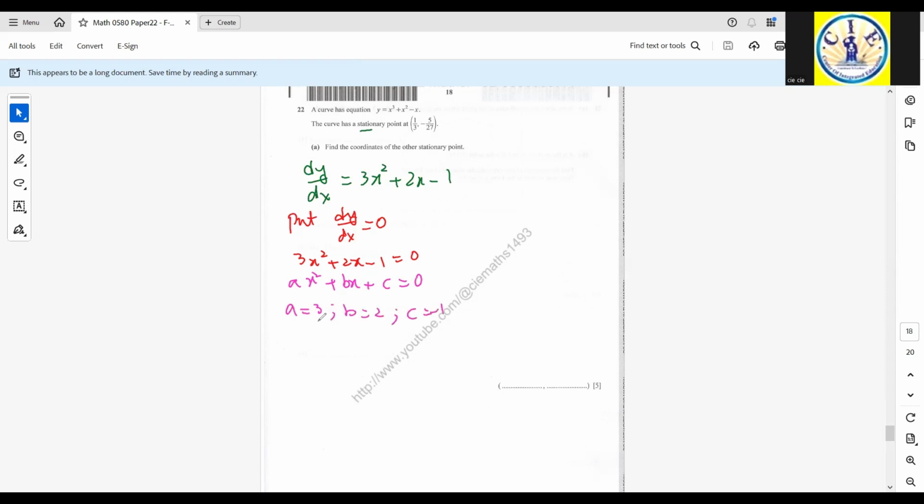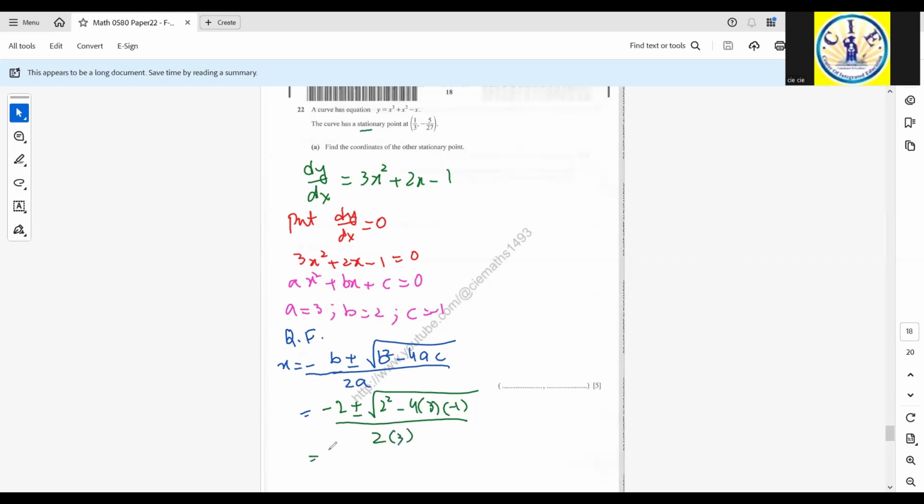So I'm going to apply the quadratic formula. x is equal to -b plus minus square root of b squared minus 4ac, divided by 2a. -2 plus minus square root of 2 squared minus 4 times 3 times -1, divided by 2 times 3, which is -2 plus minus square root of 4 plus 12, divided by 6.